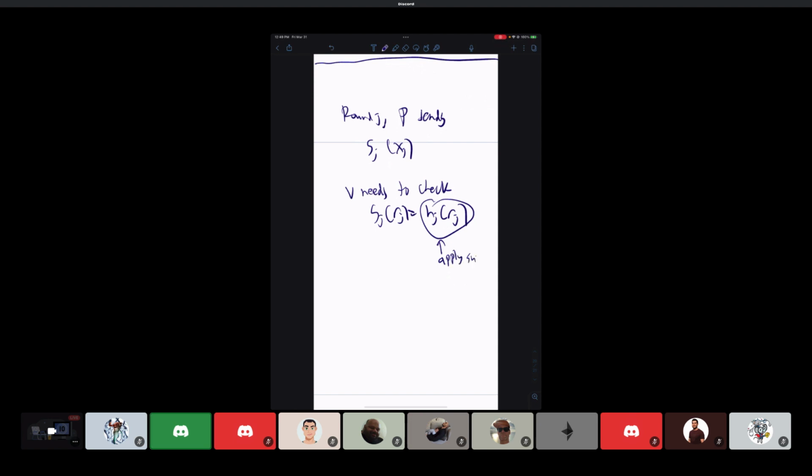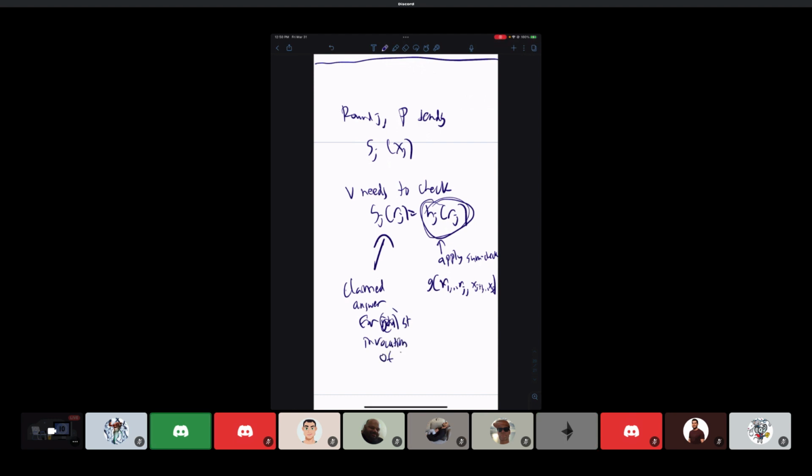And let's not worry about how we apply sumcheck to compute this, but basically we apply it to G of R1 up to Rj, and then the variables xj plus 1 up to xl. So this is the claimed answer, Sj of Rj, for the J plus 1 invocation of sumcheck.